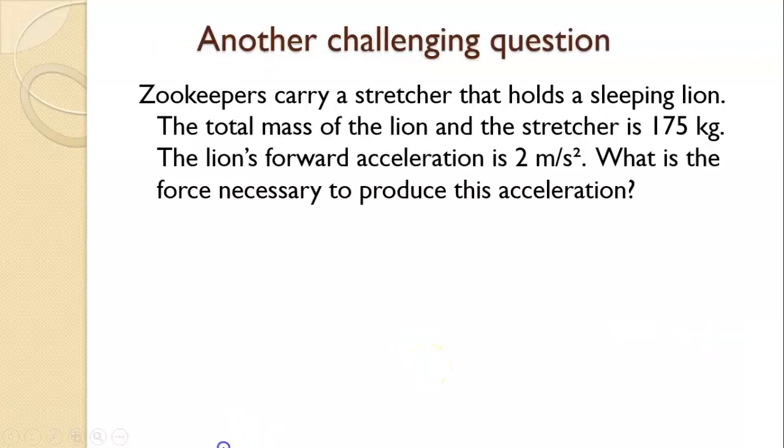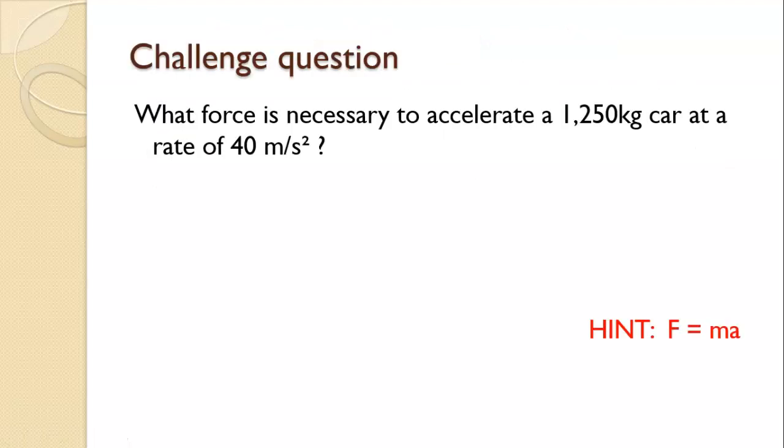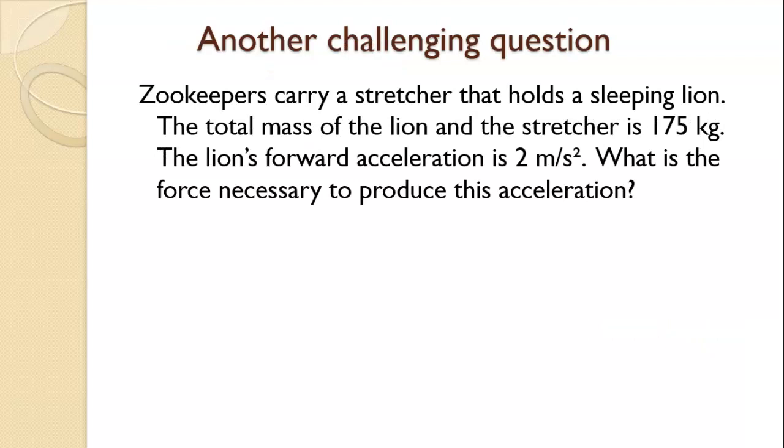Hopefully, with your calculator, you have figured out that 1,250 kilograms times 40 meters per second squared is equal to 50,000 newtons. So 50,000 newtons of force.